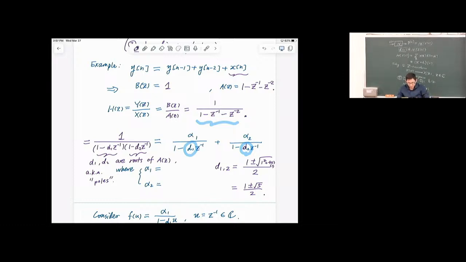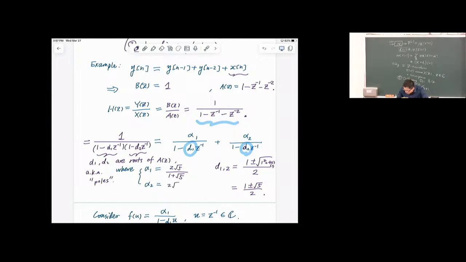The alpha 1 and alpha 2 equal to, with 2 square root of 5 and 1, and there's a minus sign. It's not the most interesting exercise, so I'll just write it down for you.